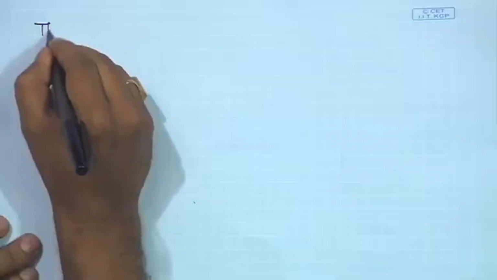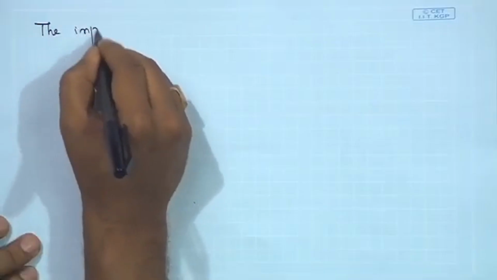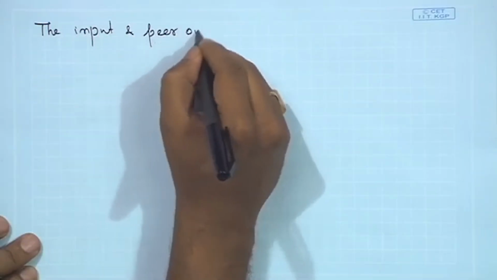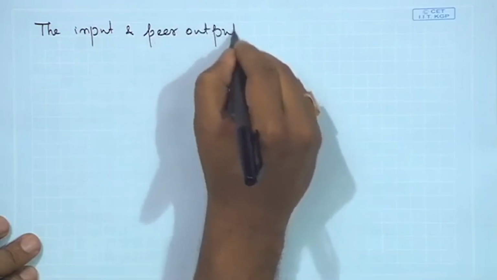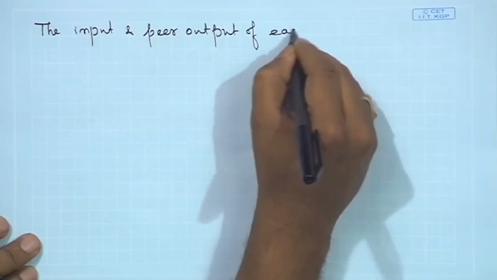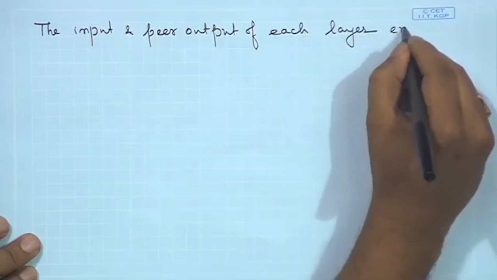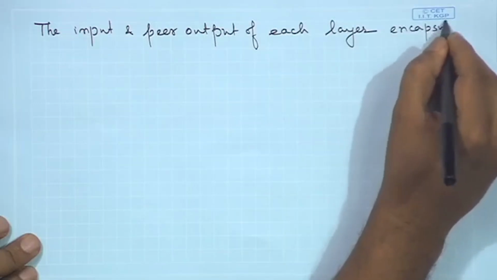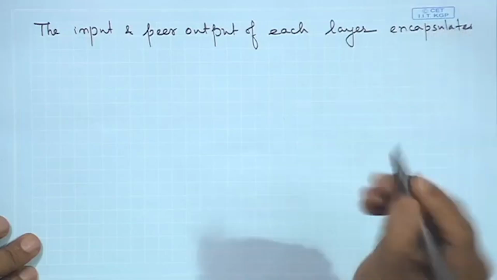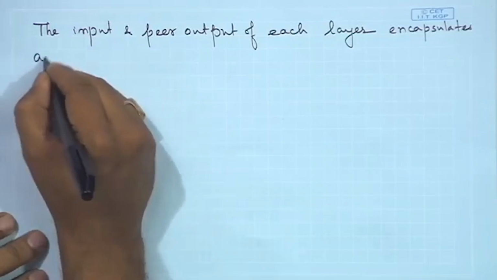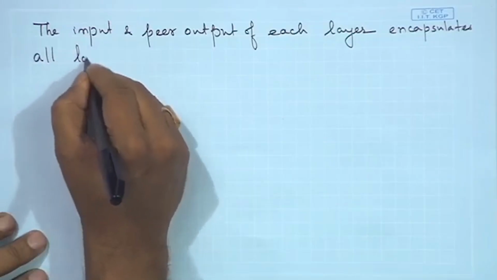So continuing further, we can more or less say that the input and peer output of each layer encapsulates all lower layers.